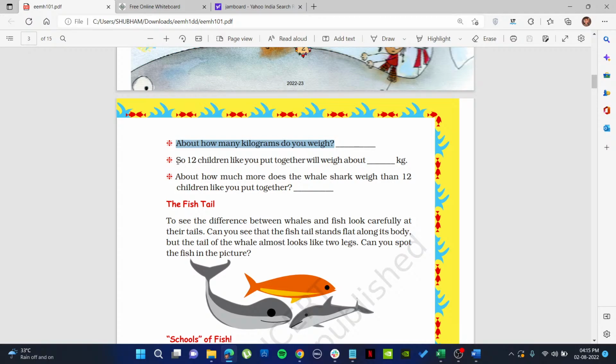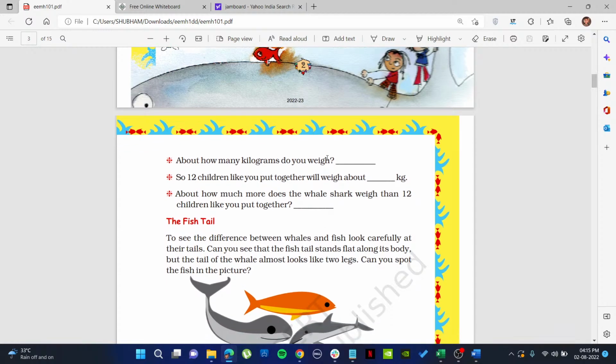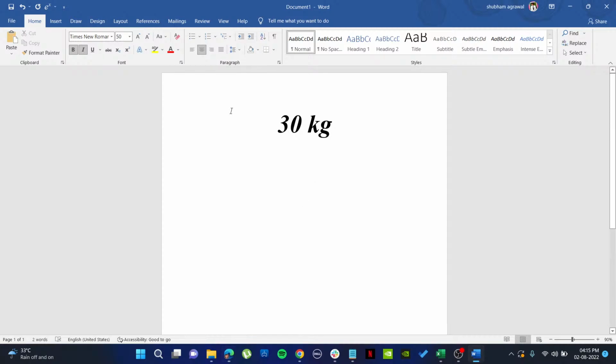Okay. So 12 children like you put together will weigh about how many kilogram, if we are considering one child to be 30 kilogram? If one child weighs 30 kilogram, it means that we need to calculate the weight of 12 children. And how are we going to calculate?